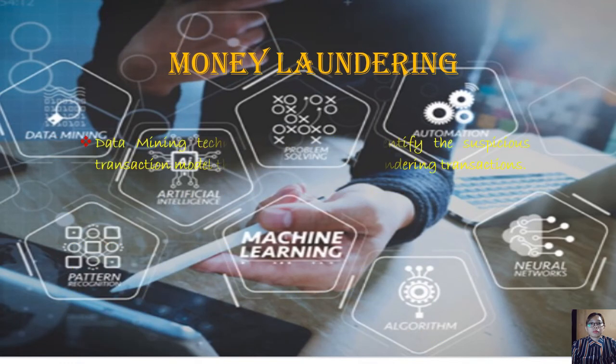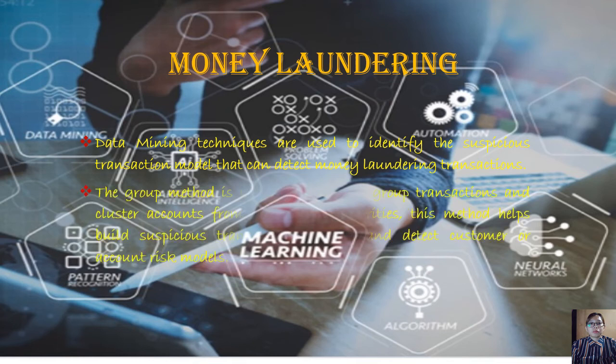Lastly is money laundering, the process by which the illegitimate origin of income is hidden and transformed into apparently legitimate income. In combating money laundering, data mining techniques are used to identify suspicious transaction models that can detect money laundering transactions.